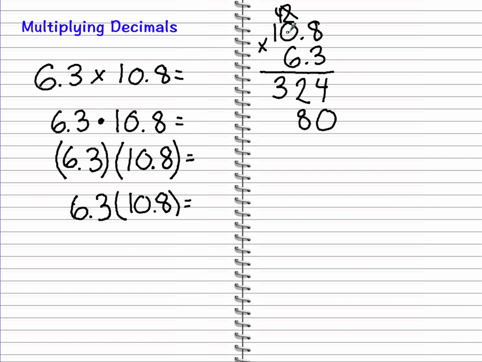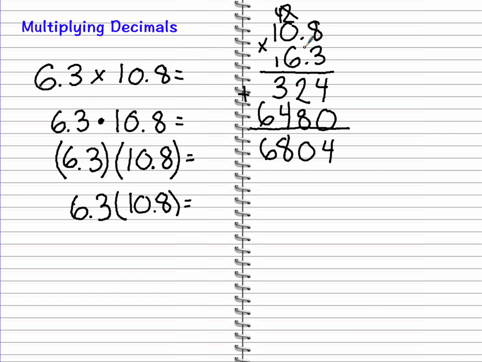Then 6 times 0 is 0, plus 4 is 4. And 6 times 1 is 6. And so you're just going to add like normal. So 4 plus 0 is 4, 8 plus 2 is 10, 3 plus 1 is 4, plus 4 is 8, and bring down my 6.